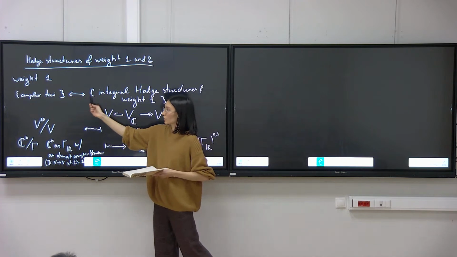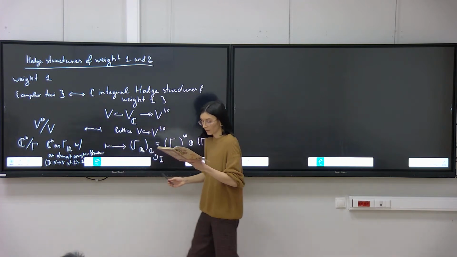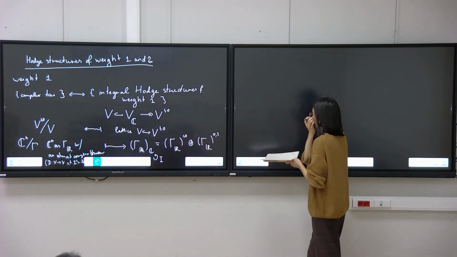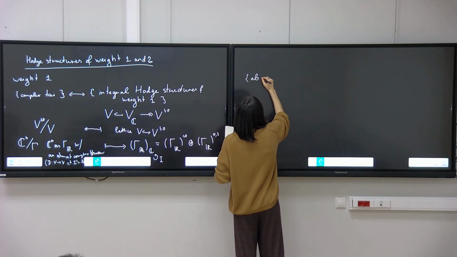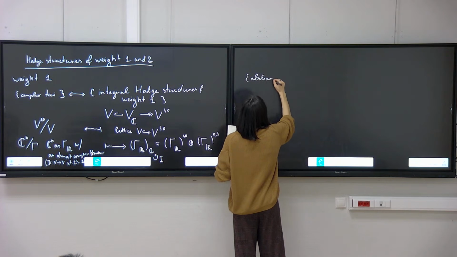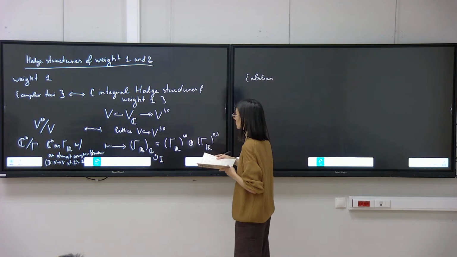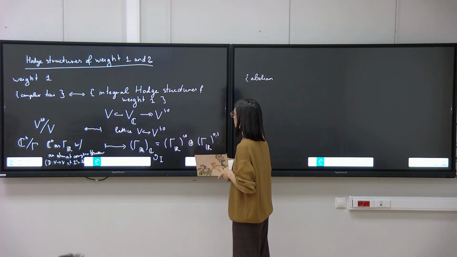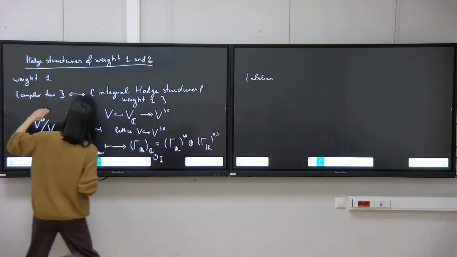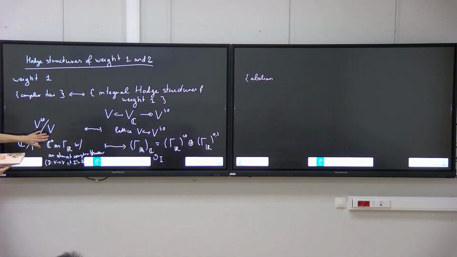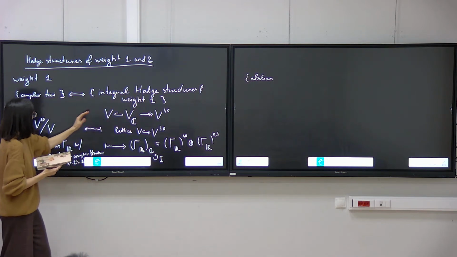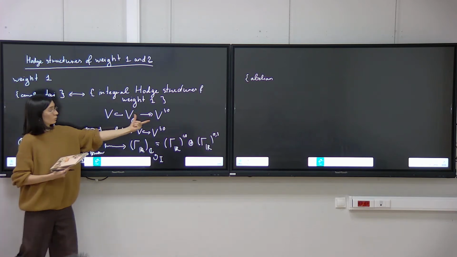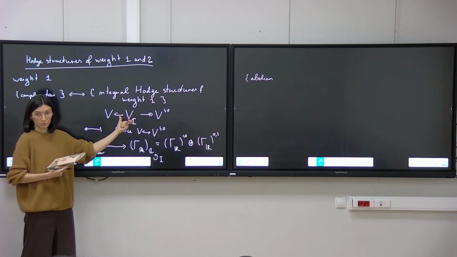So a general bijection is the following. Here we take complex tori of any dimension.